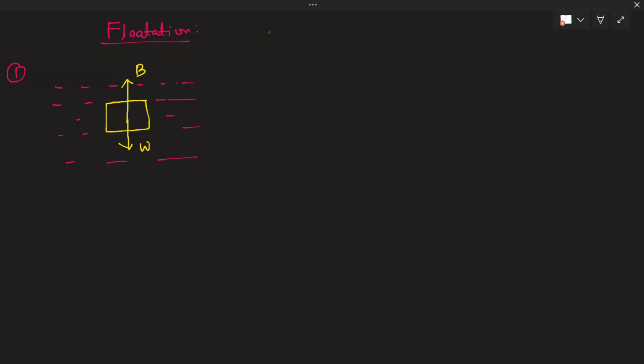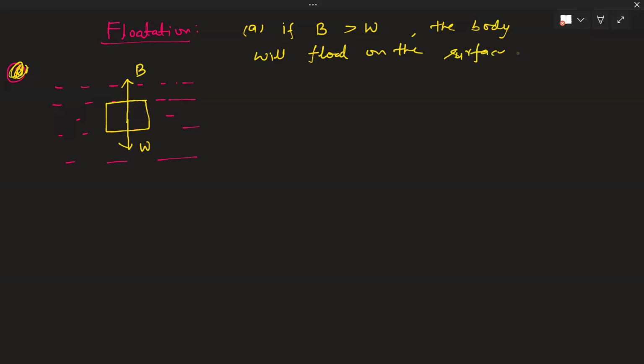Now the conditions are: first condition, if buoyant force is greater than the weight, then the body will come to the surface. The body will float on the surface.